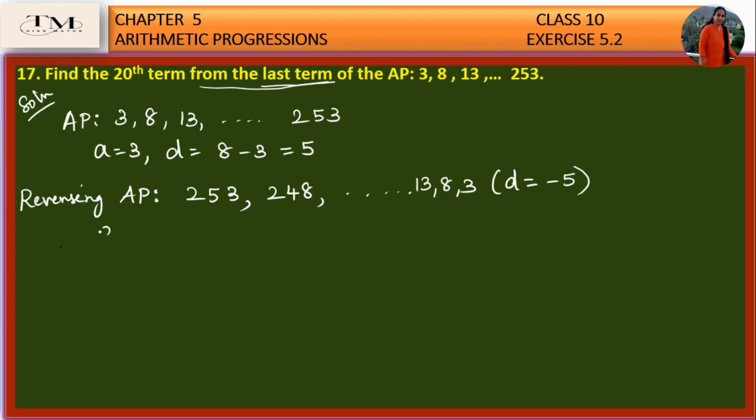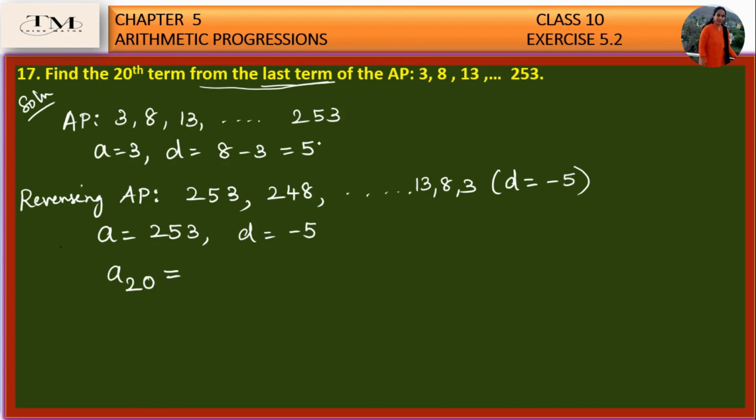For this AP, a is equal to 253 and d is equal to -5. So the 20th term from the last term, we can count from this. This is the last term, but I reversed it. As it is the first term, from this first term, it is the 20th term. That is nothing but we need to find a20. So if you reverse the AP, you can find it directly.